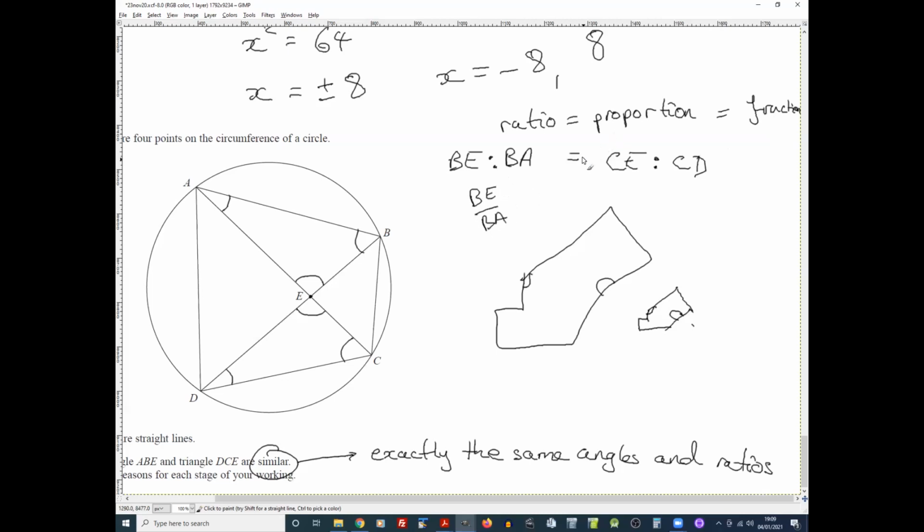If we're going to put an equal sign between ratios, we probably prefer to turn them into fractions. It's not bad to put ratio equals ratio, but it's more common to convert them into fractions because fractions are basically ratios. There's another word for the same thing: quotient. You won't come across that one in GCSE much, but it's just a slightly more old-fashioned word for a fraction, or proportion, or ratio.